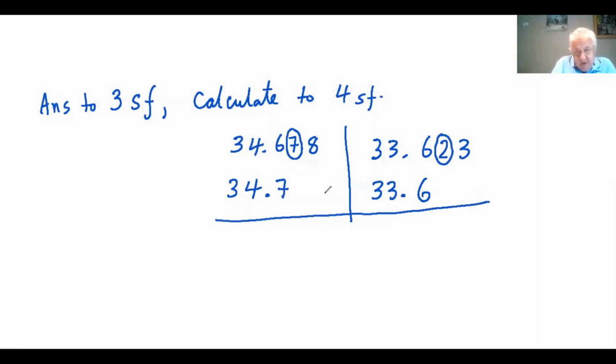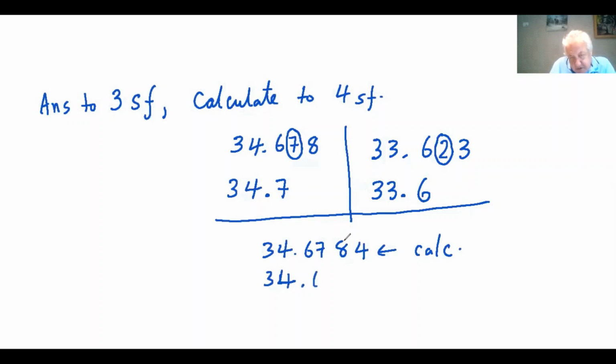One other thing though, when we're calculating to 4 significant figures, and you punch onto your calculator, quite often your calculator will give you quite a few significant figures. It's not strictly necessary, since you're going to round off to 3 significant figures. But I've noticed a lot of students in the past like doing it. So when they do the calculation, they see this on the calculator, and they're doing the calculation to 4 significant figures. So they write this, but now they look at the 5th significant figure, and if it's 5 or above, they round off.